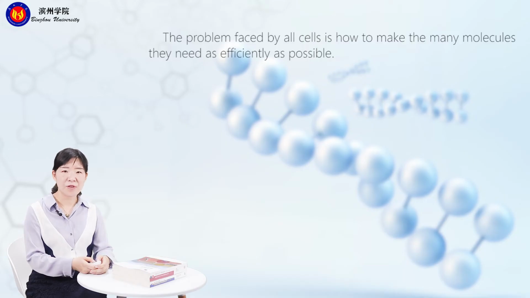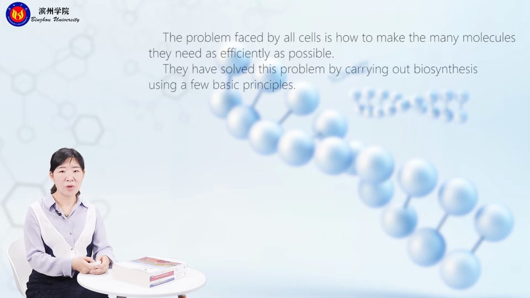The problem faced by all cells is how to make the many molecules they need as efficiently as possible. They have solved this problem by carrying out biosynthesis using a few basic principles. Six are now briefly discussed.